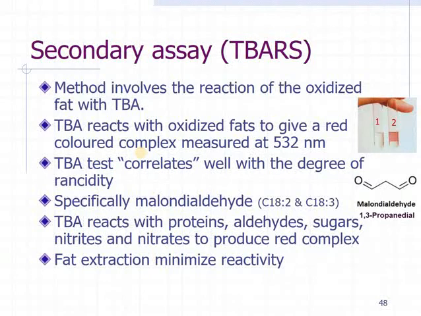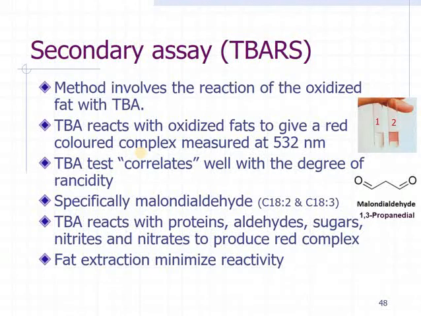So the TBA test correlates well with the degree of rancidity. That's what is said out there, because the higher the amount of oxidized fat or secondary lipid oxidation products in there, the darker it becomes. And this can also be correlated with the number of double bonds.